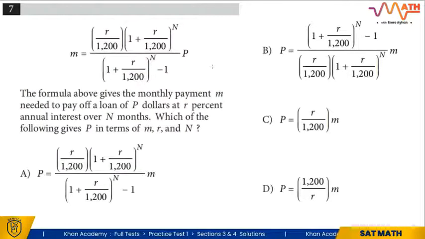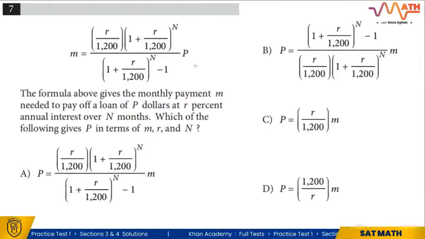Question number 7 looks like a really complicated question, but it is the simplest one. The formula above gives the monthly payment M needed to pay off a loan of $P at R% annual interest over n months. Even these are not relevant. Which of the following gives P in terms of M?